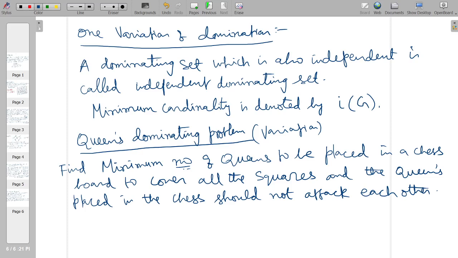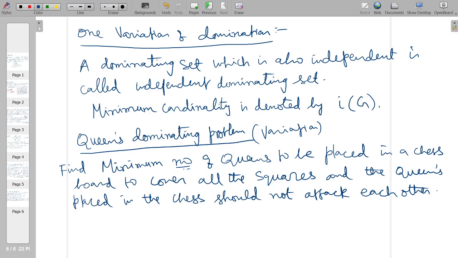In this case, you have to place the queens such that the two squares on which the queens are placed should not be covered by the other queen. So you can derive various variations of the domination problem.